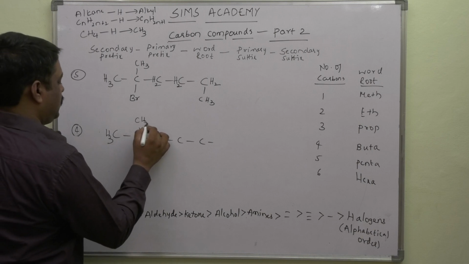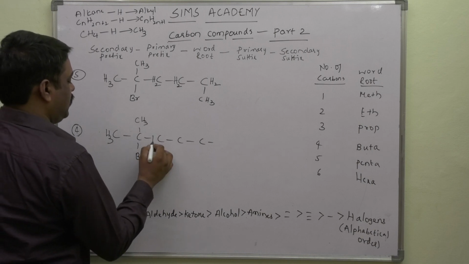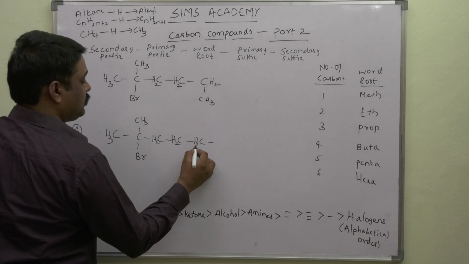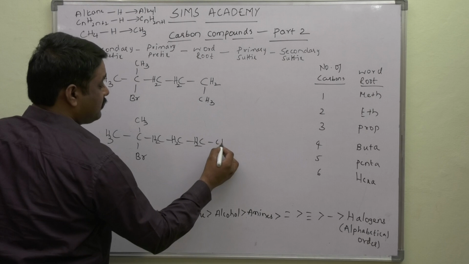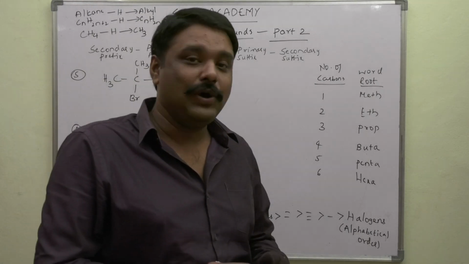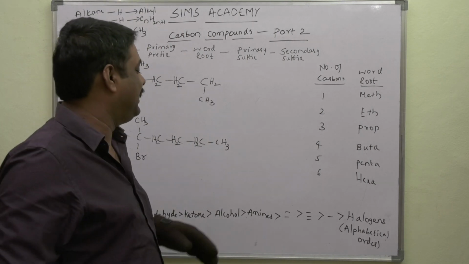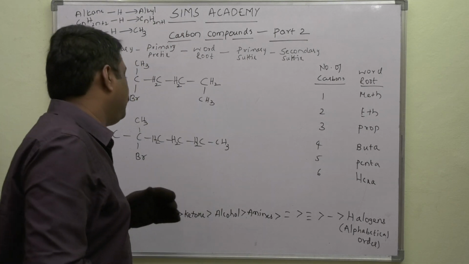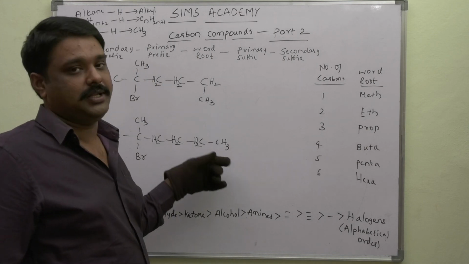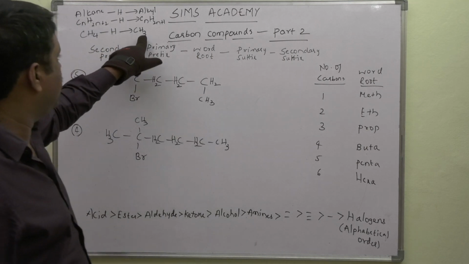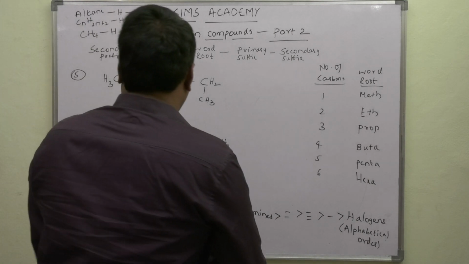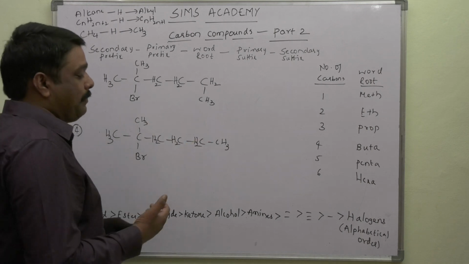H3, CH3, this is bromine, H2, H2, H2, and this one I am writing this side. I can write because it is at the end of the chain. Hence, we need not get confused. We can give numbering for this. This is not a substituent. This is methyl group CH3. This is not a substituent. It comes under the parent chain. Hence, we should give numbering now.